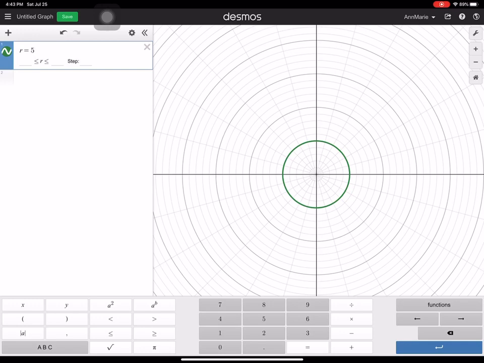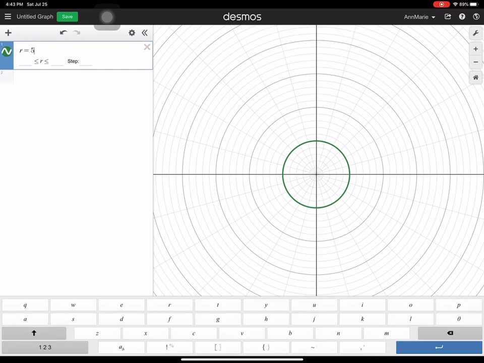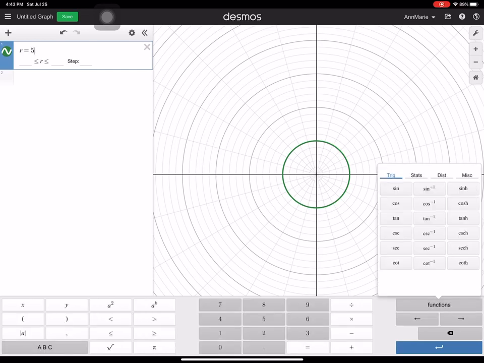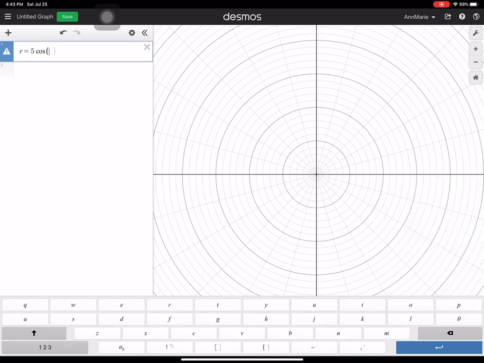What if you don't want a circle centered at the origin? Well, you can do that by multiplying. If you want a horizontal shift, you multiply by cosine theta. So r equals cosine theta gives you an offset circle.